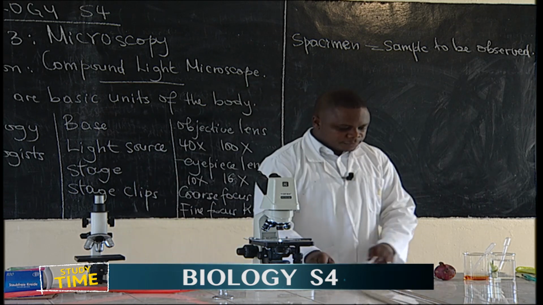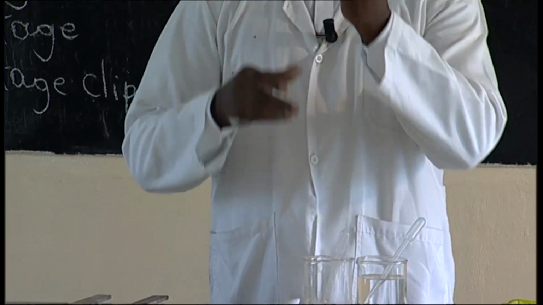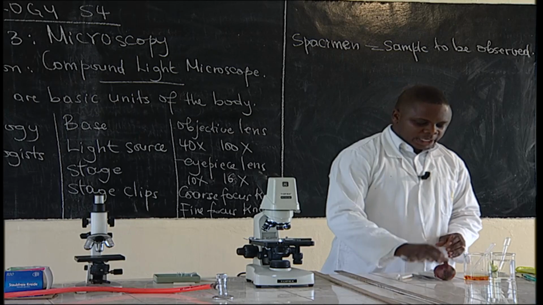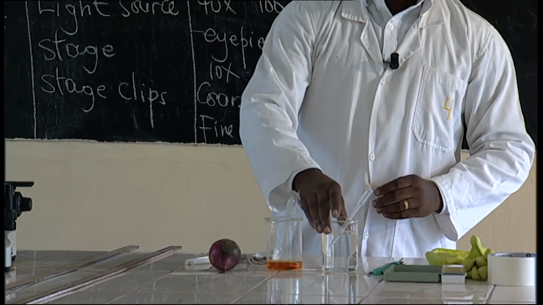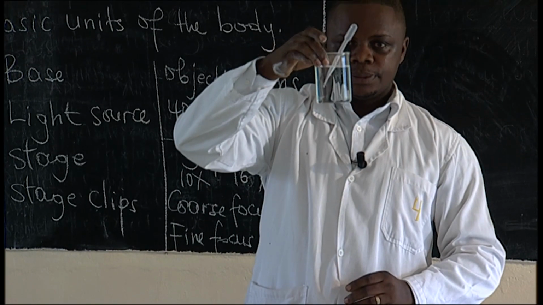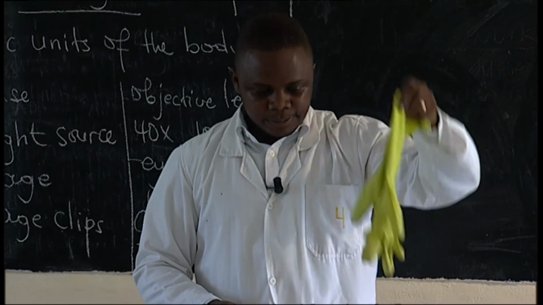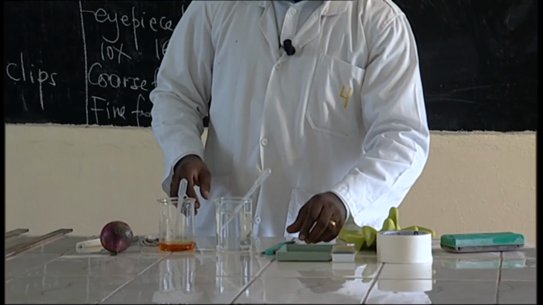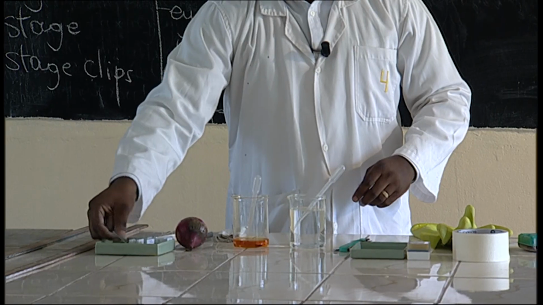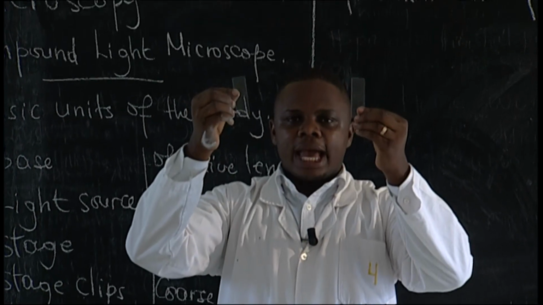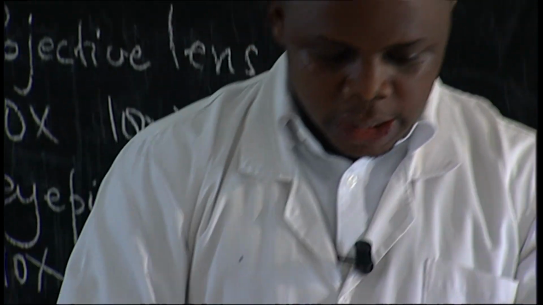Here I have the onion. I have iodine solution. I have water. And I have gloves. I have what we call slides. You can see on these slides there is no sample or any prepared specimen.